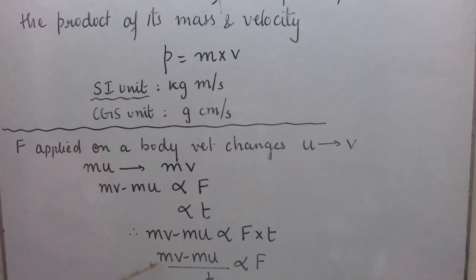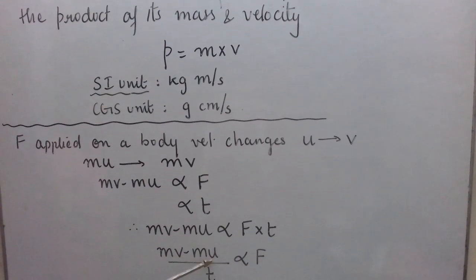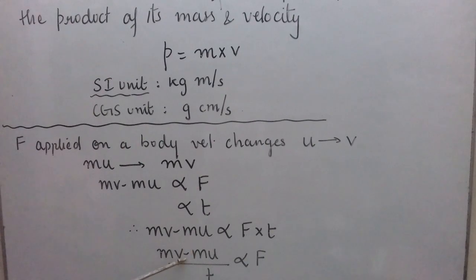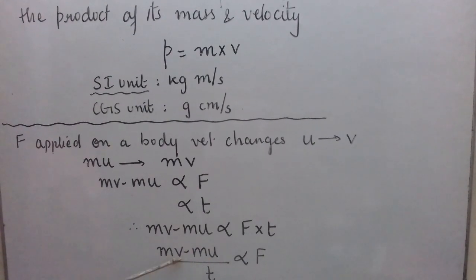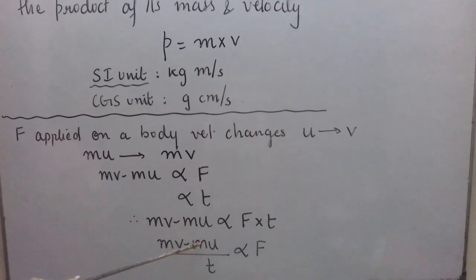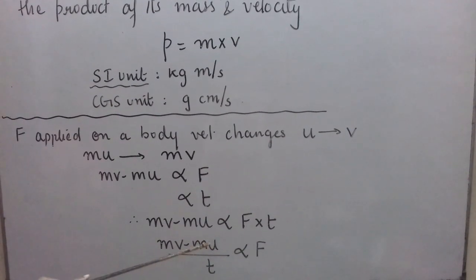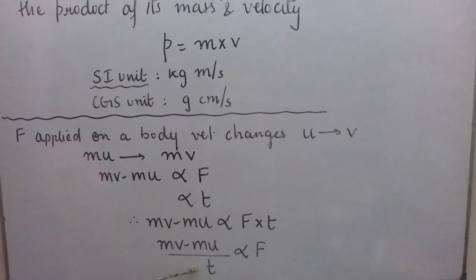So similarly here, this is change in momentum and this is change in momentum divided by the time during which this change has taken place. So this is rate of change of momentum.